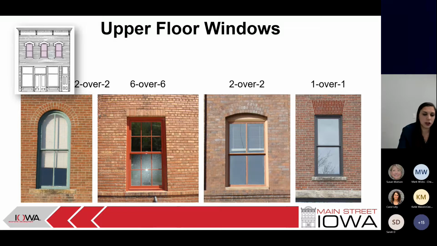So a 2/2 window is divided into 2 pieces of glass at the top sash and 2 pieces of glass at the bottom. And upper windows can also have full arched openings or flat arch openings, but regardless of the shape, something to remember is that each window unit should entirely fill the opening.